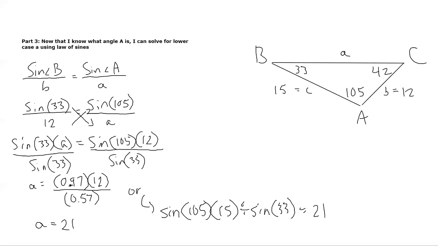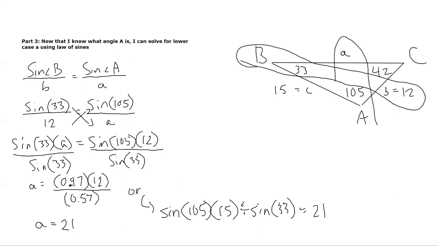Now, it looks like the last thing I need to do is find out what lowercase a is, and I'm going to need to use the law of sines. So sine of measure angle B, because that's my completed one. I'm going to go ahead and circle it. My completed one, I'm going to start with that fraction, is equal to the one I'm trying to find. Now remember, I'm trying to find this because I already know what the other one is.